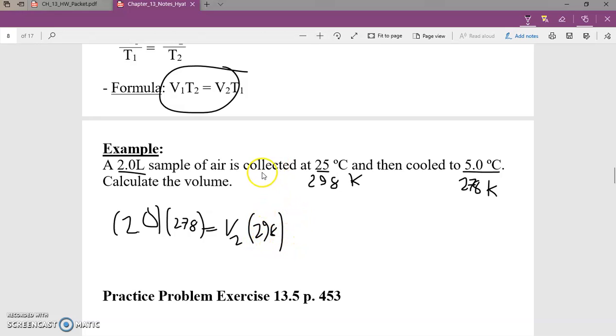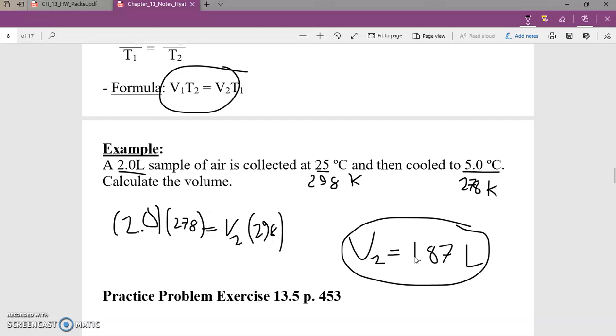Then we do the same process: we take V2 and keep it on its own side. We divide 298 on both sides, so the answer should be 2.0 times 278 divided by 298. And we find our second volume is 1.87 liters.